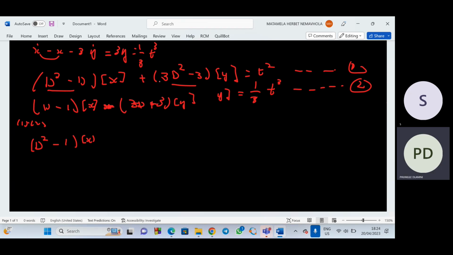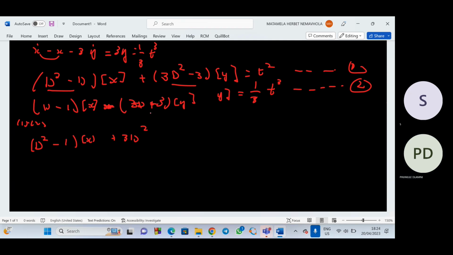Then you come this side here. This one minus this one, this one plus this one is minus here. Going to be plus 3d squared. Then this one, and then we have 3 there.